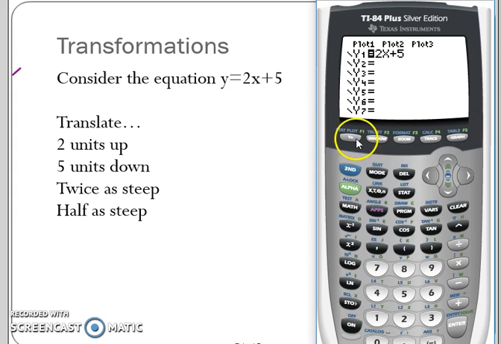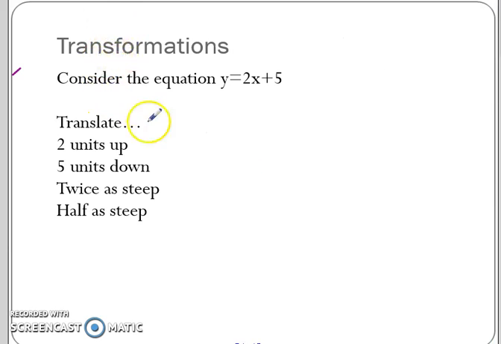So press Y again, press enter. So if I want to move 2 units up, from the y-intercept 5, we can add 2. So let's write this down first. So we're going to do Y equals 2X stays the same, the slope stays the same, 2 units up on the y-intercept, we're going to add 2 to 5.